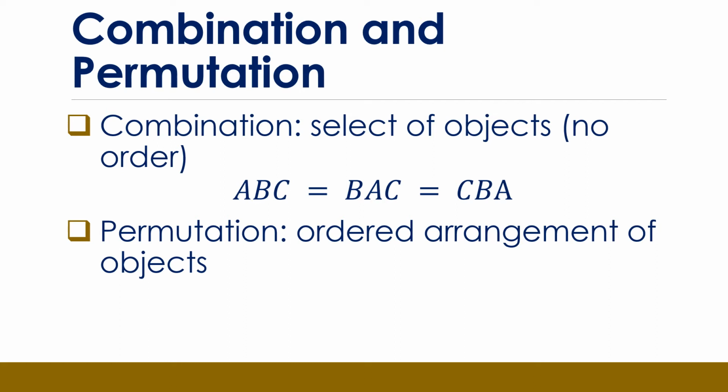Therefore, the order is important. We can then see that ABC will be different from BAC and it will be different from CBA. With permutation, there are instances where we are dealing with identical objects.